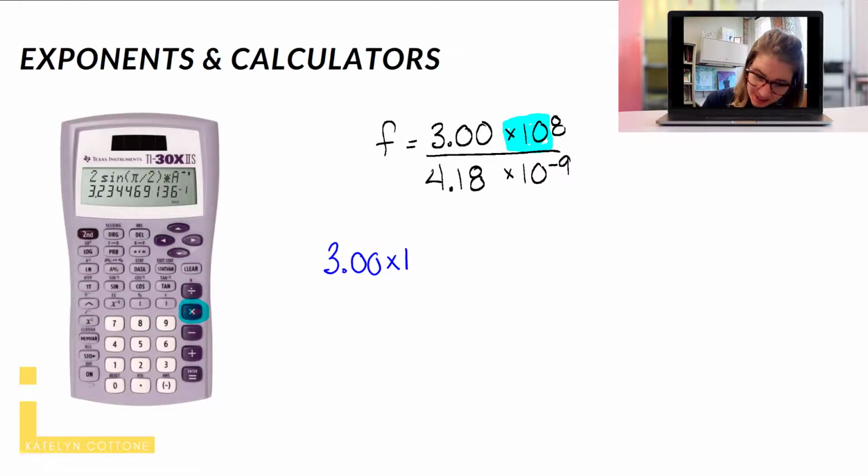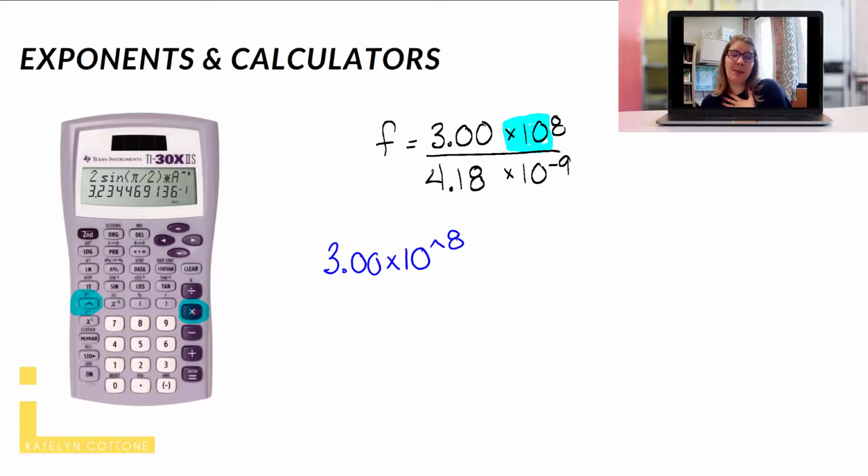Then they put in the number 10. And then they put in the caret over here on the left-hand side of your calculator. And then they put in the 8.